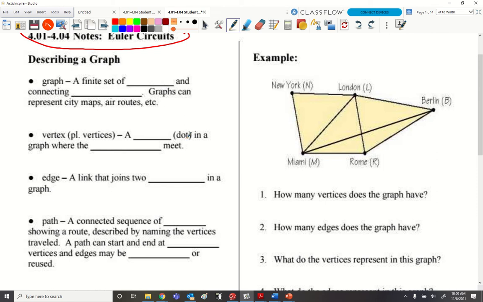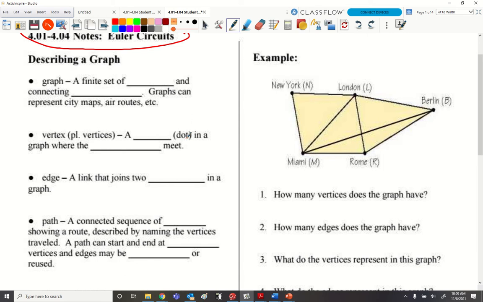Okay, vertex or vertices: a point in a graph where the edges meet. Thank you. Edge: a link that joins two vertices. No, it's vertices. In a graph.